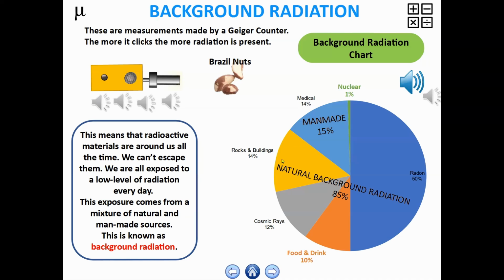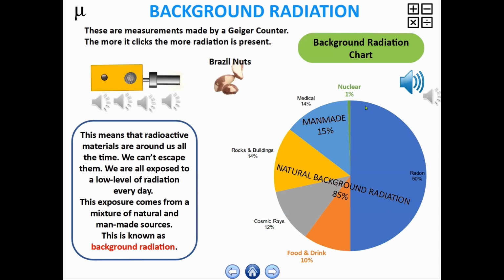And the rocks in the buildings, so even the thing that you're in right now, may be giving you a dose of radiation. We've got rays coming from explosions billions of years ago, ripping their way across the universe and striking our planet. So cosmic rays. And then we've got food and drink, quite a lot of it in terms of food and drink.